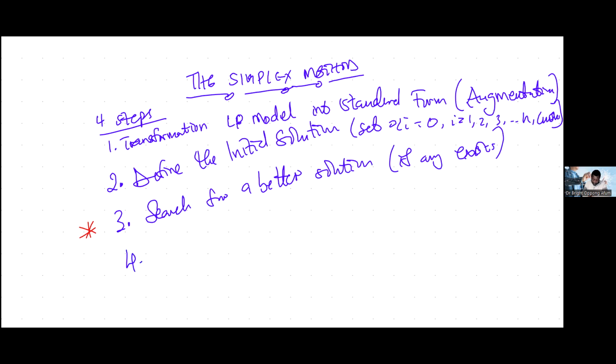Then in step 4, we repeat step 3 until a better solution cannot be found.